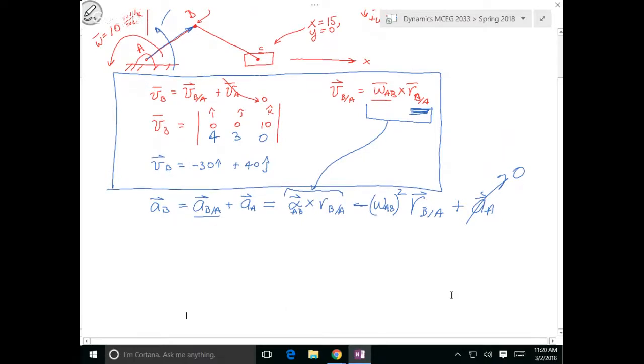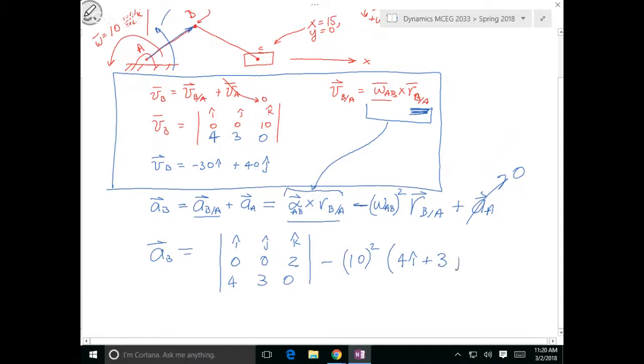Okay, so let's look at this now. If I want to know the acceleration of B, I end up with this term, which looks exactly, and this is the point here, 0, 0, and 2, 4, 3, and 2. And then minus, what was my omega AB? It was 10, right? So the magnitude was 10 times 4i plus 3j.